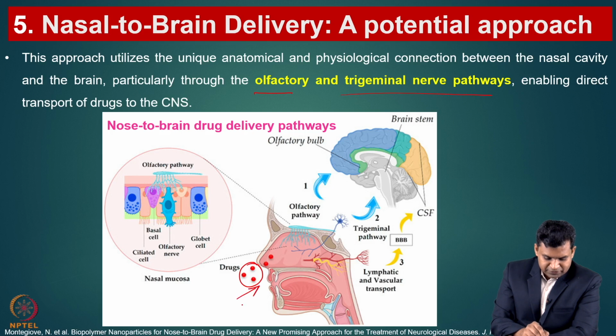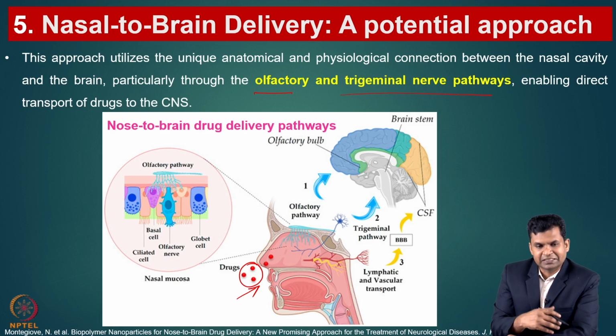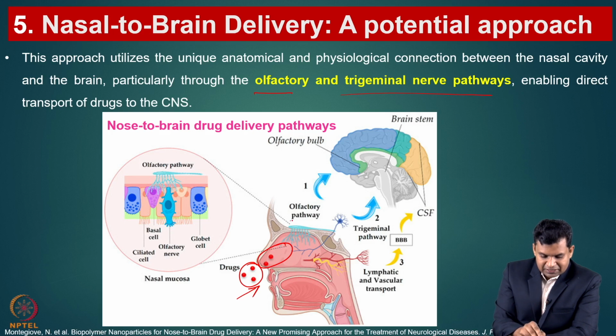We need to administer by some device to the nose. The formulation, either a nano carrier or any suspension or emulsion, will adhere to the nasal mucosa, or you can also use nasal sprays. The best thing in nose to brain delivery is that we can bypass the blood brain barrier, because it directly connects with the olfactory pathways.